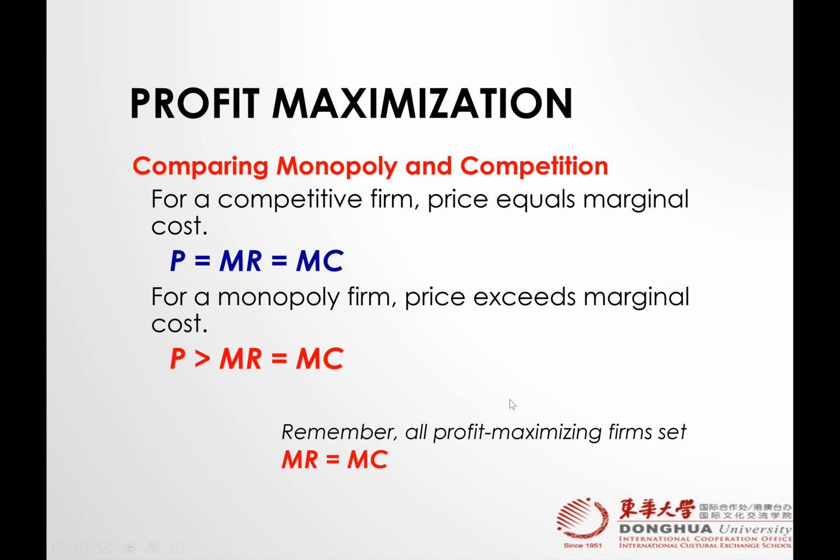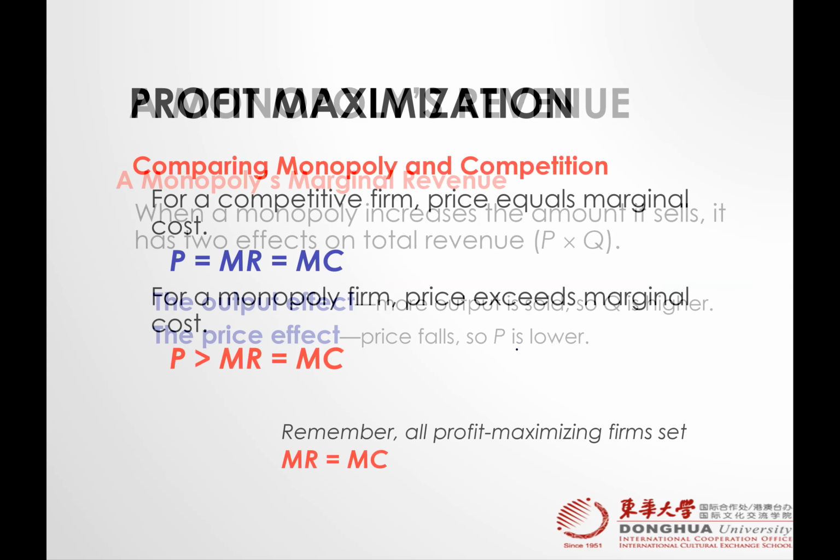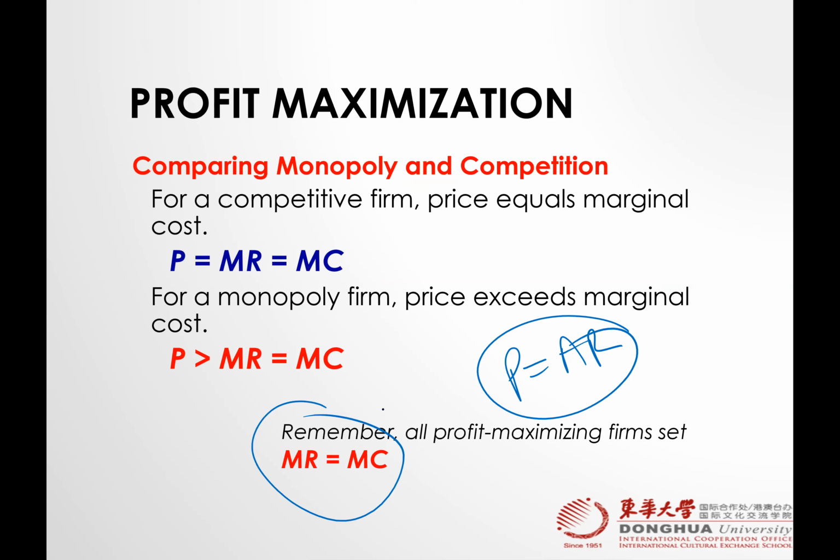So the profit maximizing conditions, there are two conditions that are the same for all kinds of markets. Number one, price is equal to AR, and for profit maximizing, MC is equal to MR. So these two conditions are the same for any kind of market structure, whether competition, monopoly, monopolistic competition, or oligopoly.